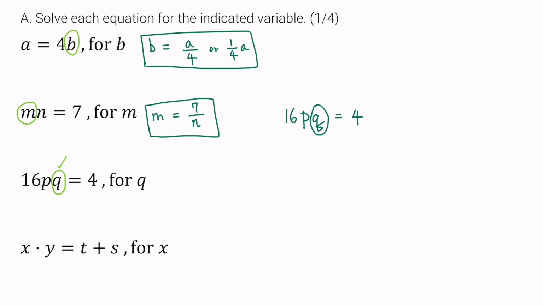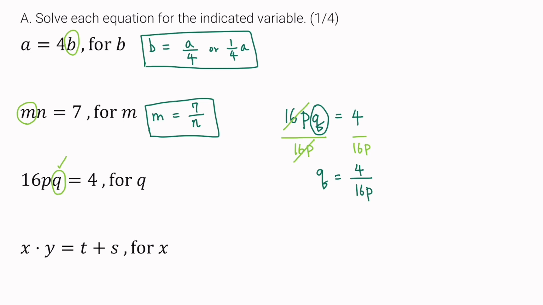So I need to get rid of 16, and I also need to get rid of p. So what I'm going to do is divide each side of the expression by 16 times p. That way I can get rid of both 16 and p from the left side of the equation and end up with q is equal to 4 over 16p.